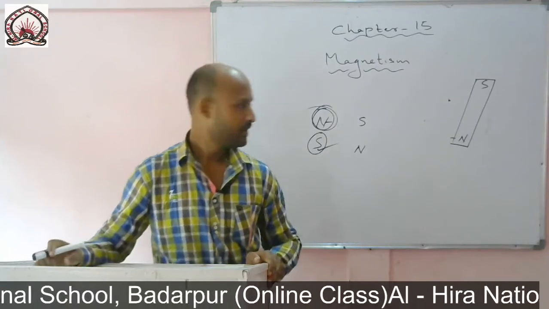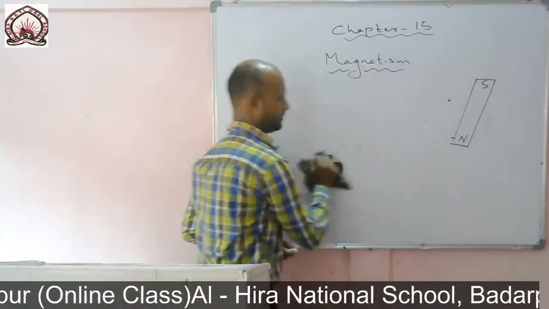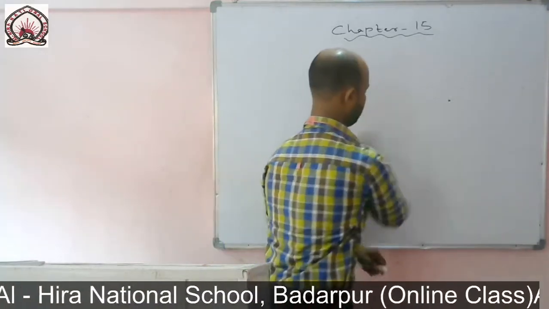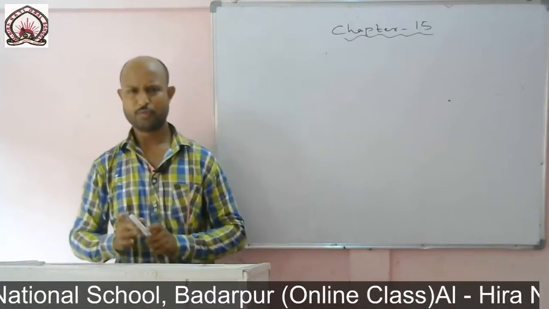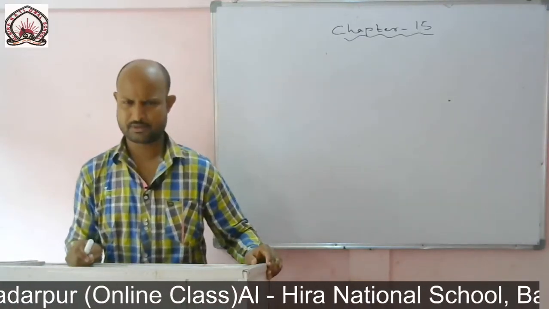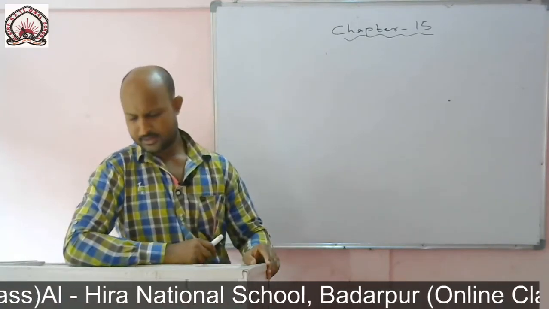Now let us learn some of the other uses regarding the magnetism chapter or regarding magnets. We know that these magnets are used for various purposes at present. Let me cite some examples.